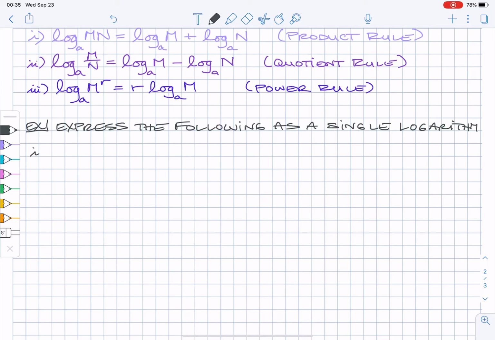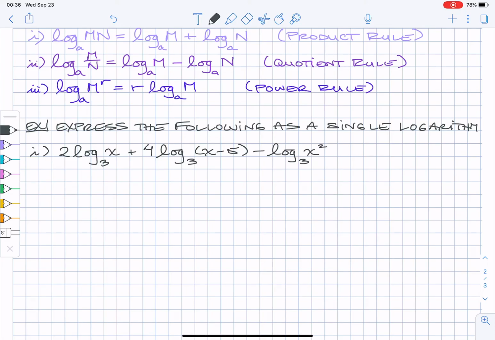So number one, let's say we have 2 times log base 3 of x plus 4 times log base 3 of x minus 5 minus log base 3 of x squared.